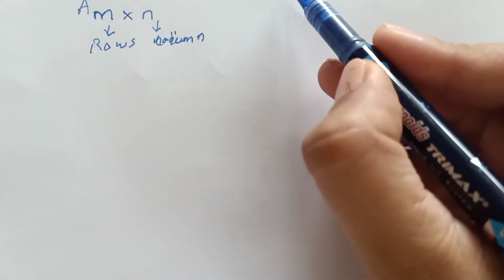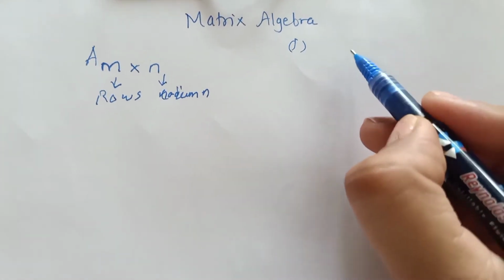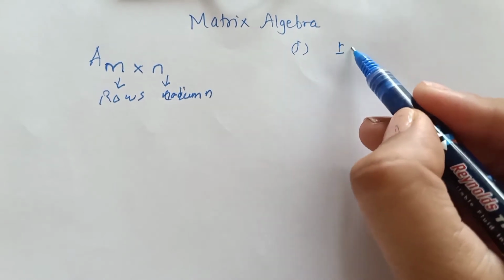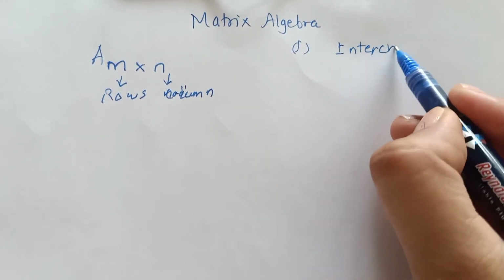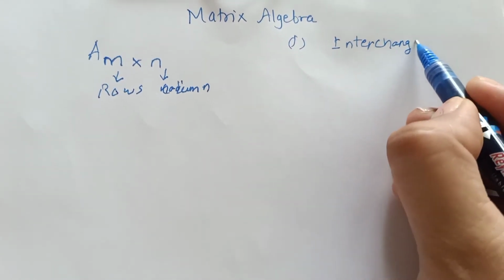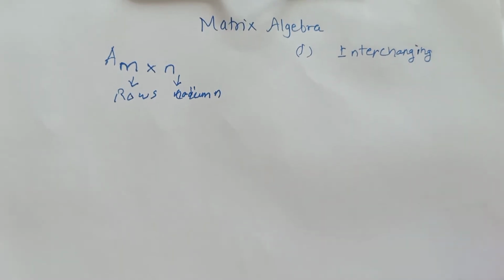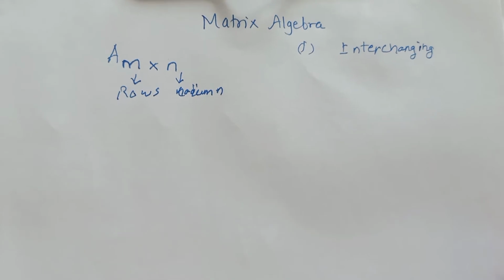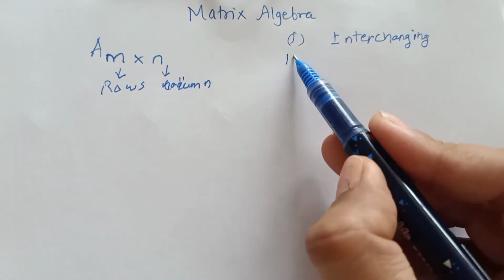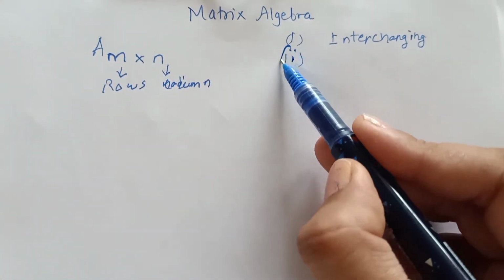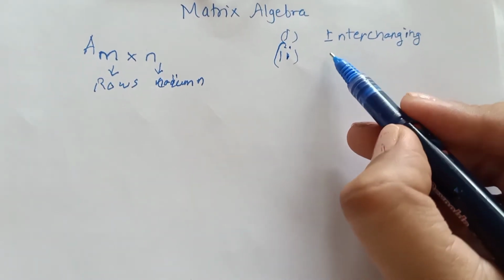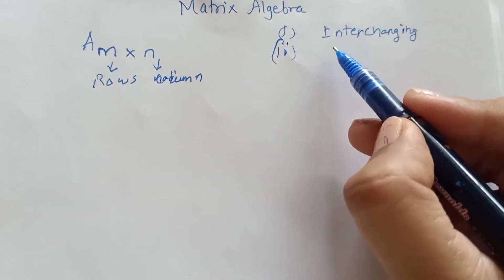There are three elementary operations. First is interchanging of rows or columns. So you can interchange any row with any other row and any column with some other column. And next property is you can add or subtract any row with other row or column.